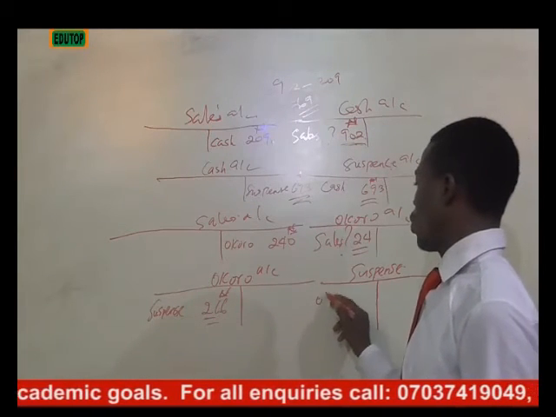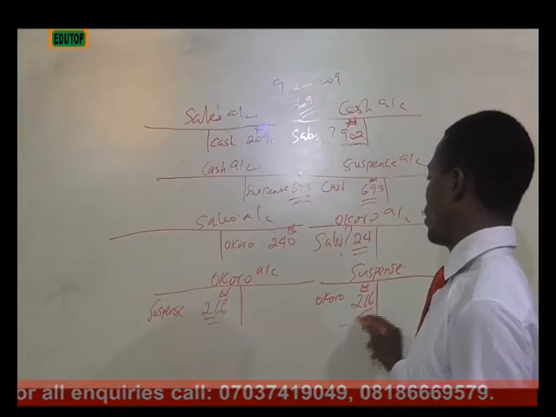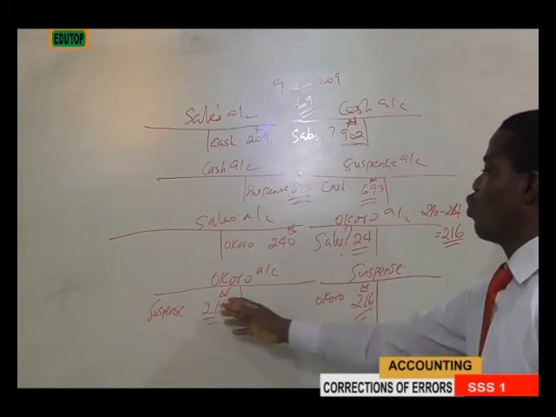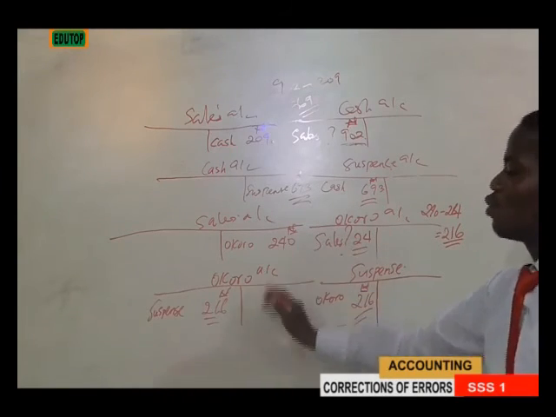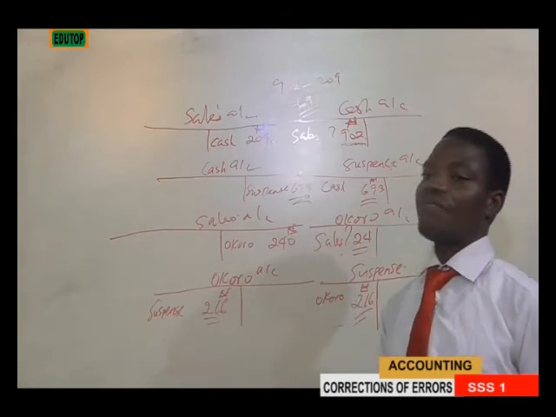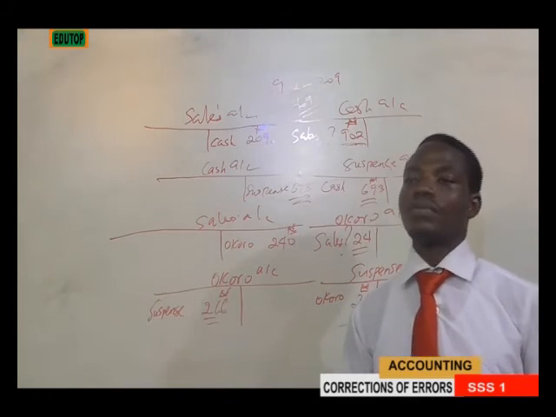So you balance it with 216 so that it will become 240 at the end of the day. Because it will definitely affect the trial balance at the end of the day.